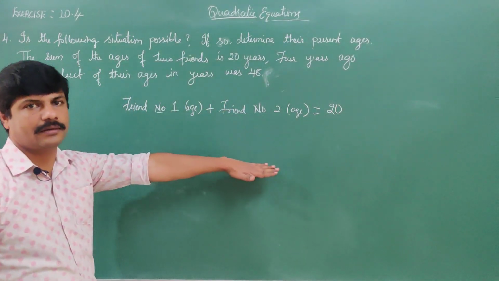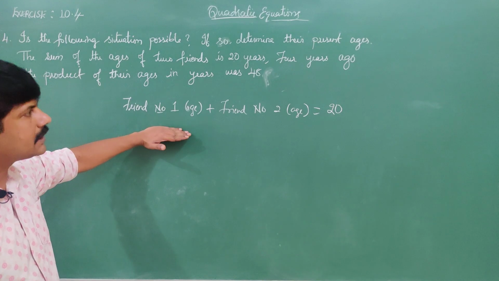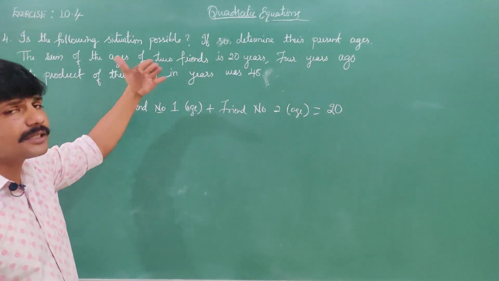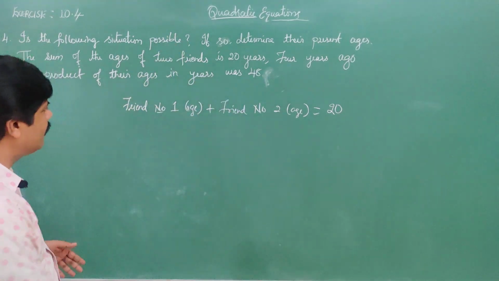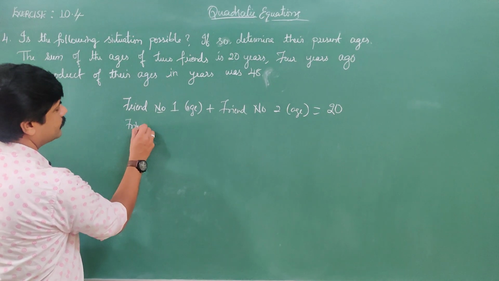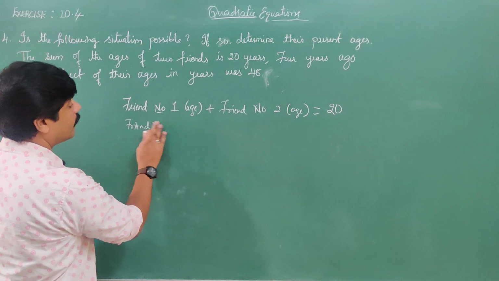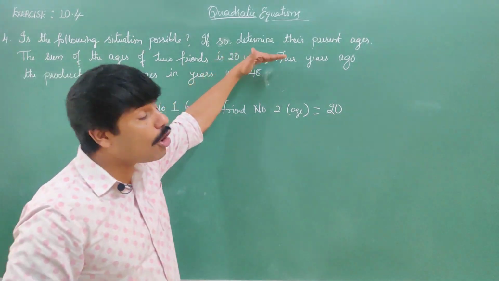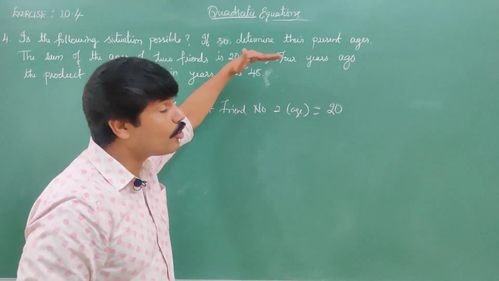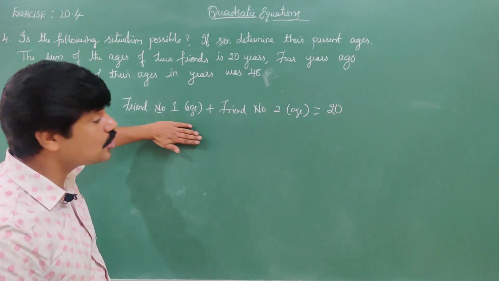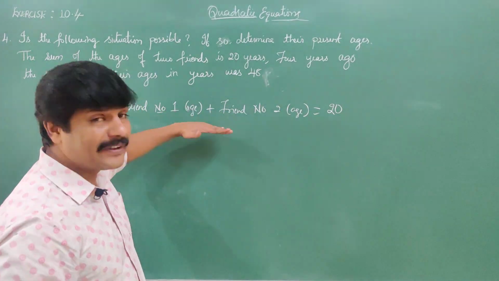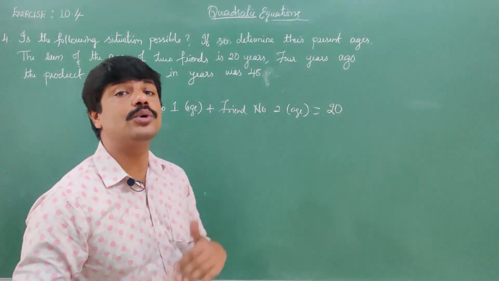First condition. Second condition is the product of their ages 4 years ago. Before entering into that, we need to do something here. With the first statement, we should enter into the second statement.